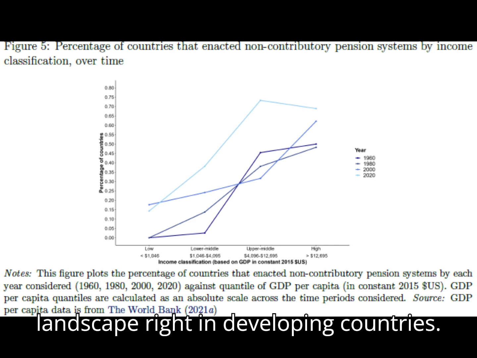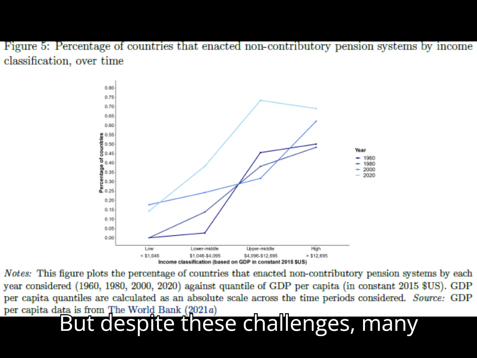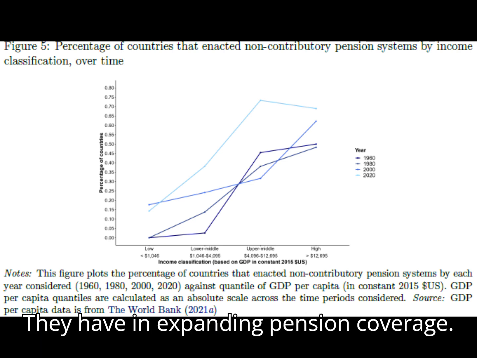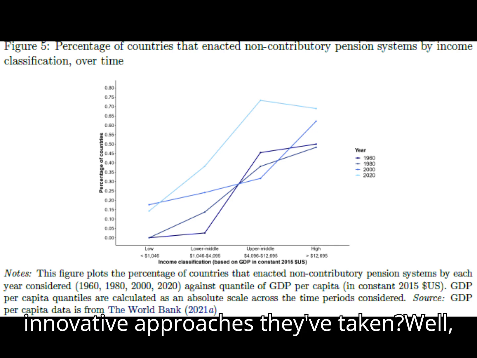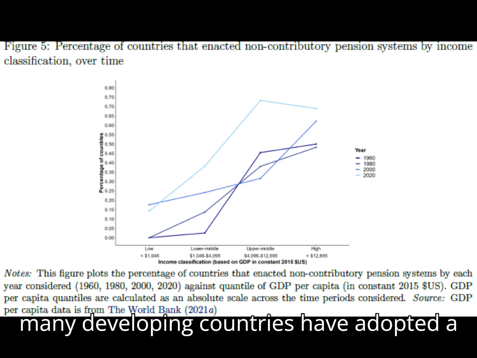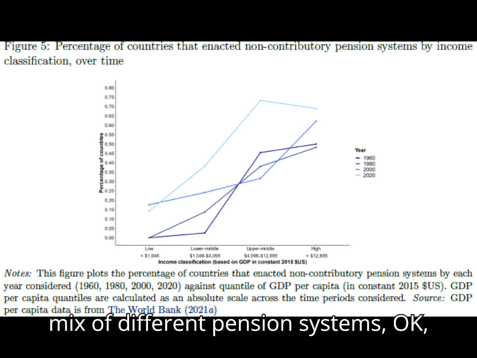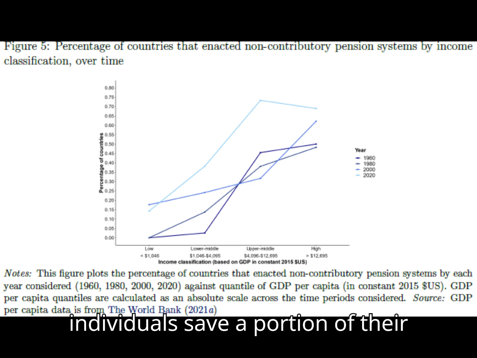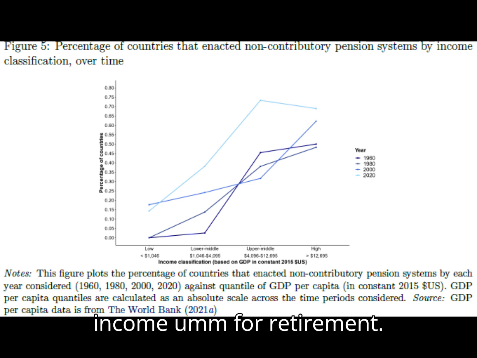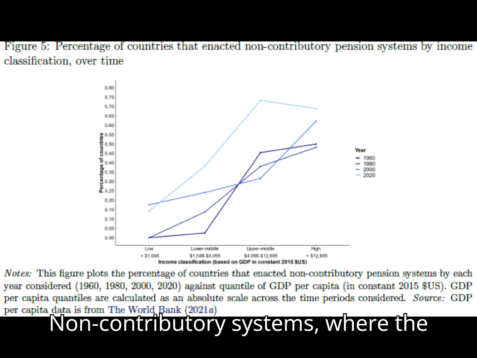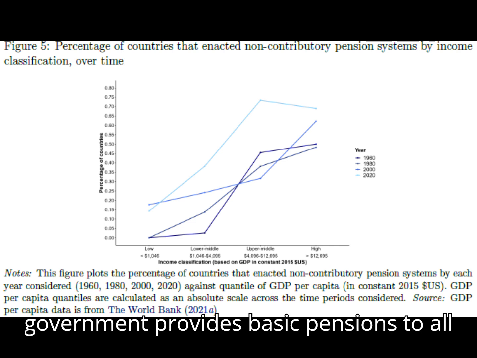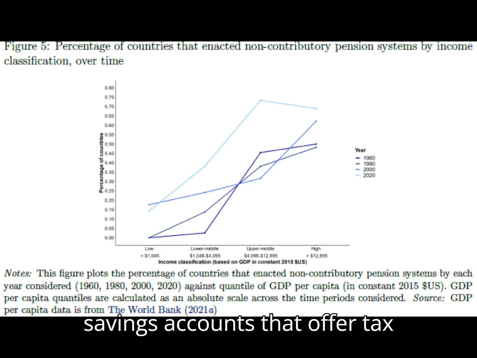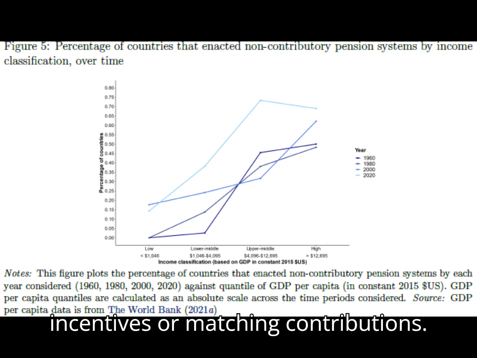But despite these challenges, many countries have made significant strides in expanding pension coverage. What are some of the innovative approaches they've taken? Well, many developing countries have adopted a mix of different pension systems, including contributory systems where individuals save a portion of their income for retirement, non-contributory systems where the government provides basic pensions to all elderly citizens, and even individual savings accounts that offer tax incentives or matching contributions.